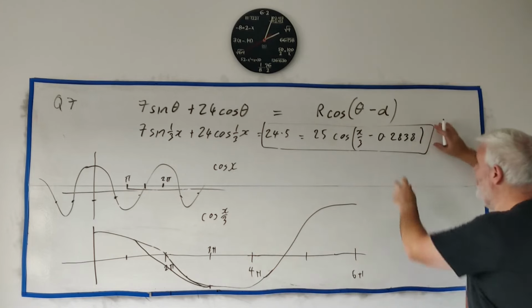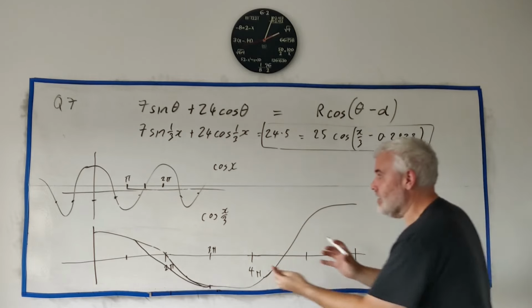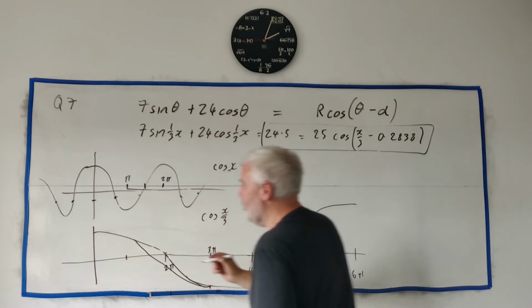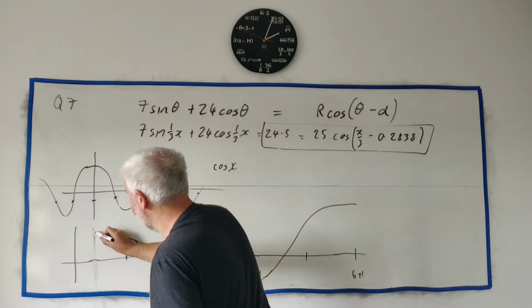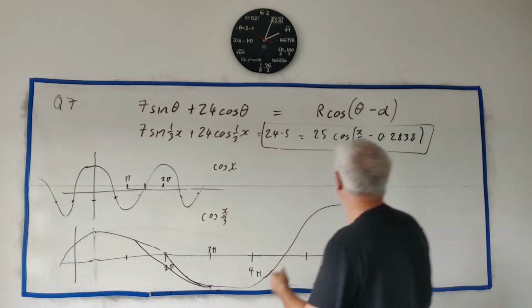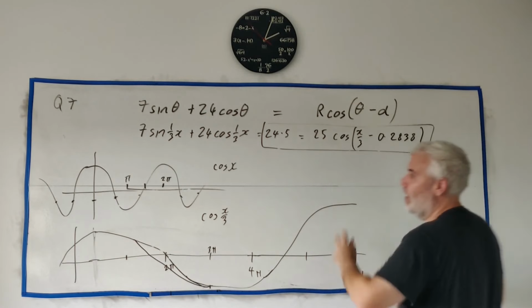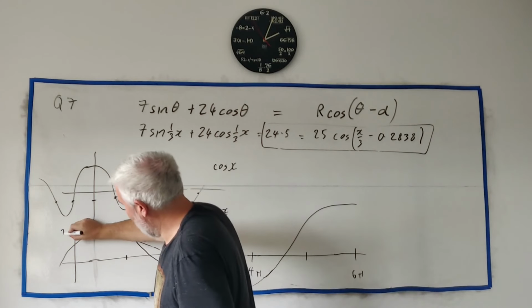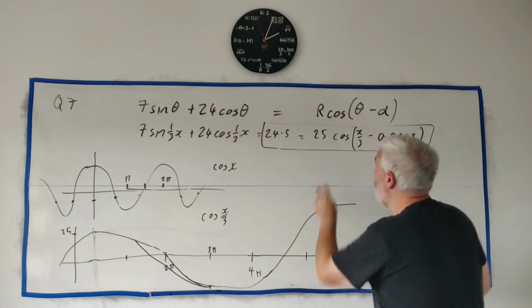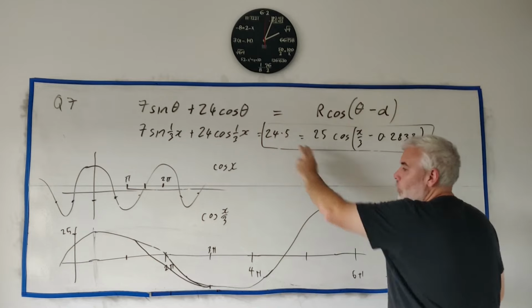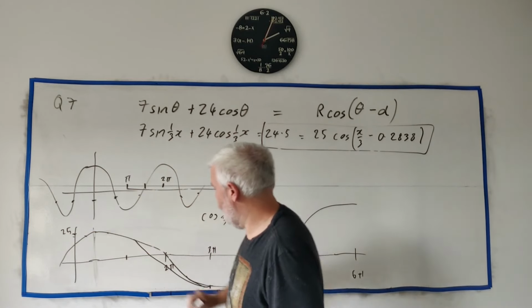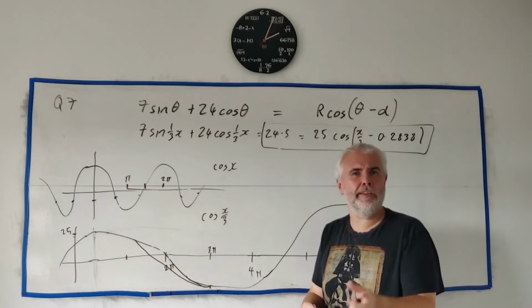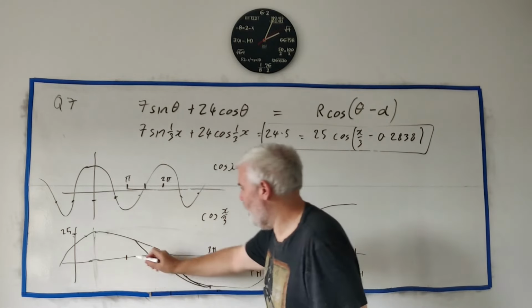And then taking this away from it is like moving everything over here to the right. So let me just do this on one picture. I'll move that over there. And we'll be down there. Multiplying by 25 just gets a 25 up here. So when is this equal to 24.5? Well, that'd be here. There's one answer, there's another answer, and the only answers we want is between 0 and pi.